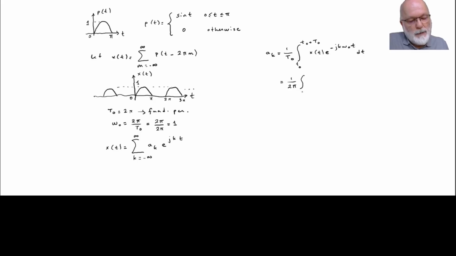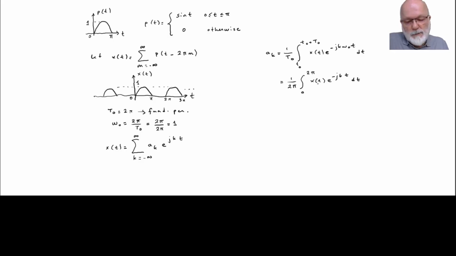So our integral will be an integral from 0 to 2 pi of x of t e to the minus j k, and omega 0 is equal to 1. Therefore, e to the minus j k t integrated with respect to t.